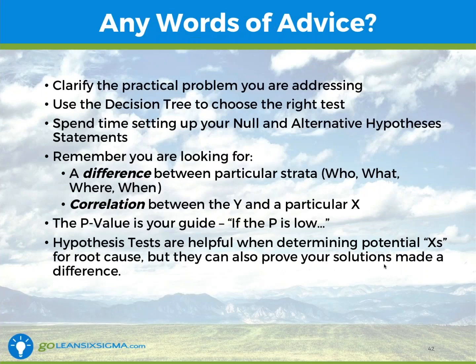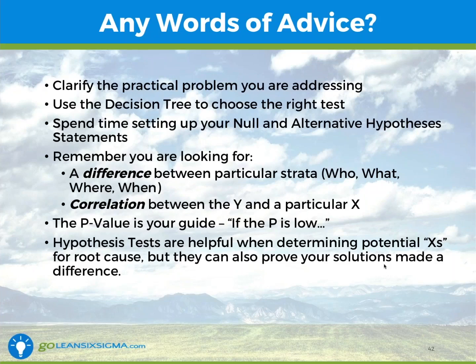So words of advice: clarify the practical problem you're addressing before turning it into a formal hypothesis statement. Use the decision tree. Very easy. You can think about what kind of data you have, how many strata you're looking at, data sets. Spend time setting up your null and alternative. Check it with other people, making sure it's no difference versus difference.